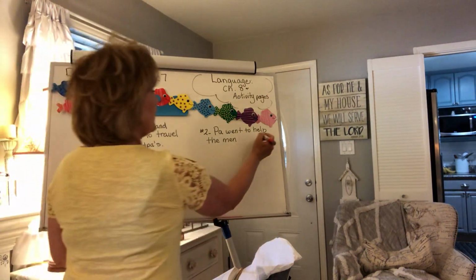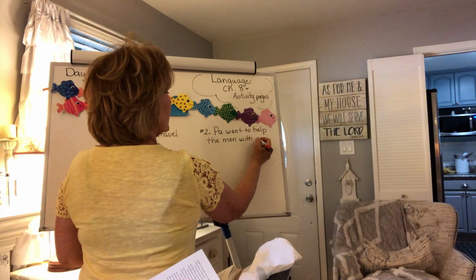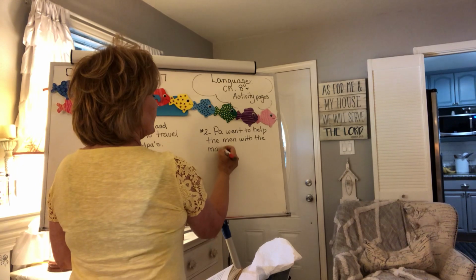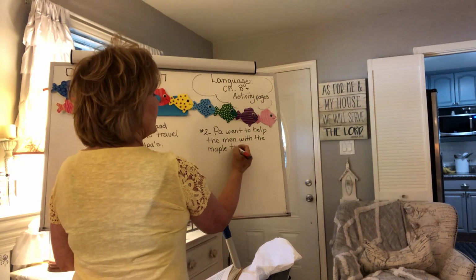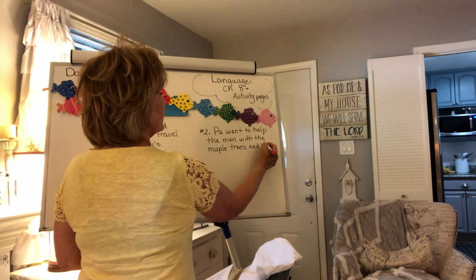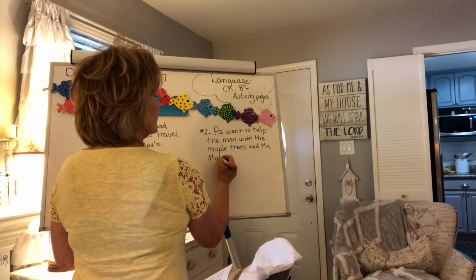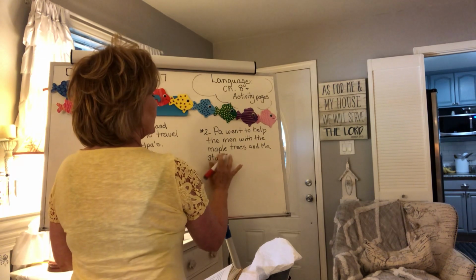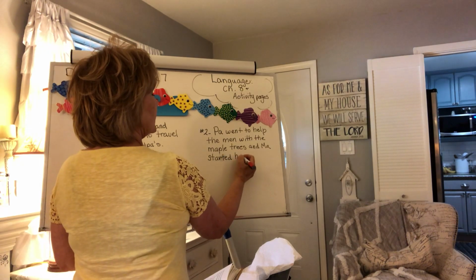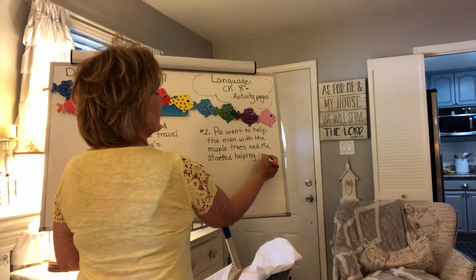Pa went to help the men with the maple trees, gathering the sap, and Ma started helping in the kitchen, right?